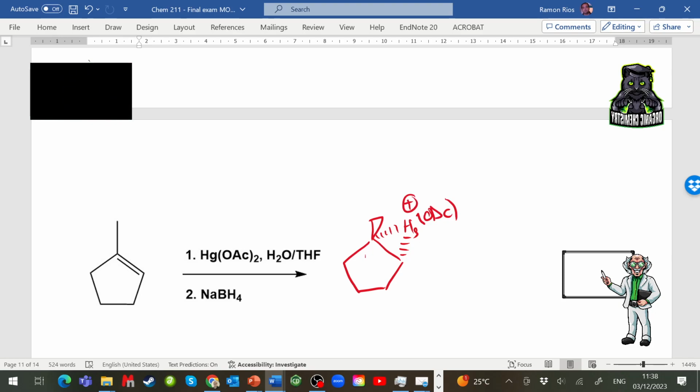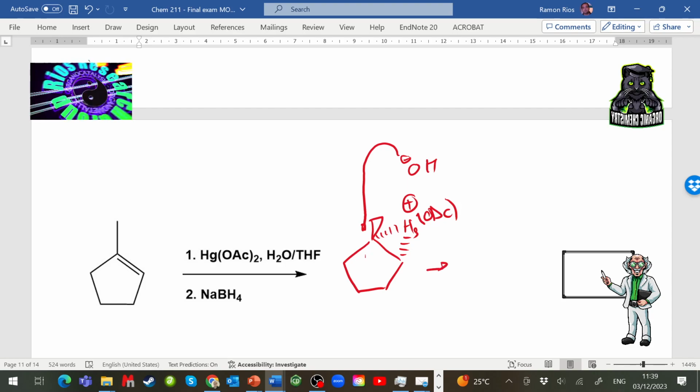Okay, and then the solvent, in this case water, is attacking the more substituted position, because it's the position that better stabilizes the partial positive charge. That means that we will have the addition of the solvent, in this case water.